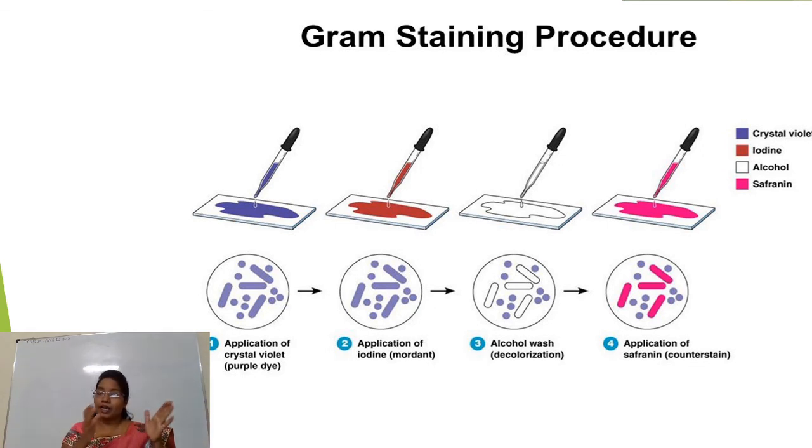Some will be purple and some will be pink. The bacteria which are purple are gram positive bacteria, and the bacteria which are pink are gram negative bacteria. So finally we got two types of bacteria, totally depending on cell wall composition.